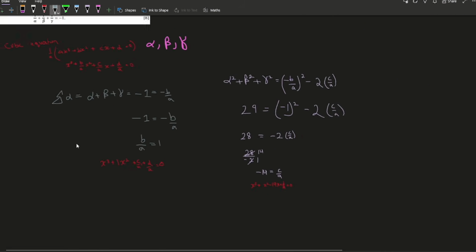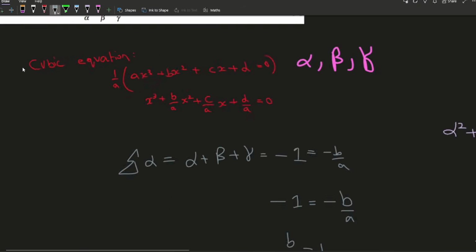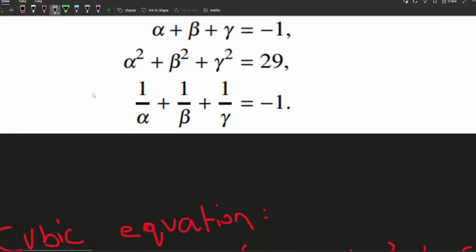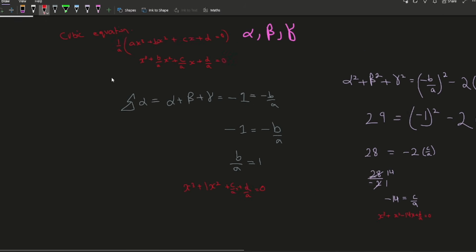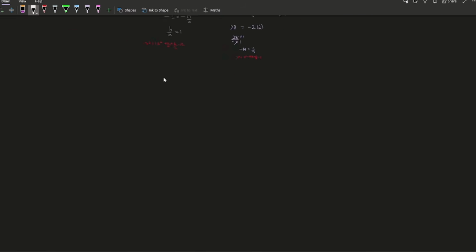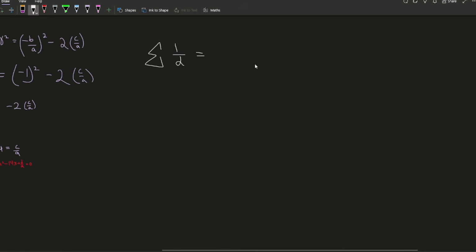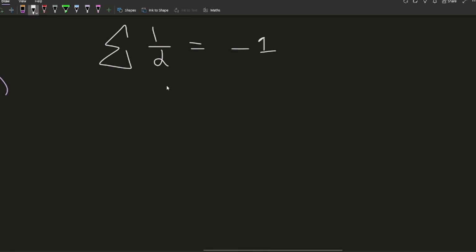Okay, so now let's find the value for d over a. We are given that the sum of inverse of roots is equal to -1. So the sum of inverse of roots is 1 over alpha plus 1 over beta plus 1 over gamma, which equals -1.